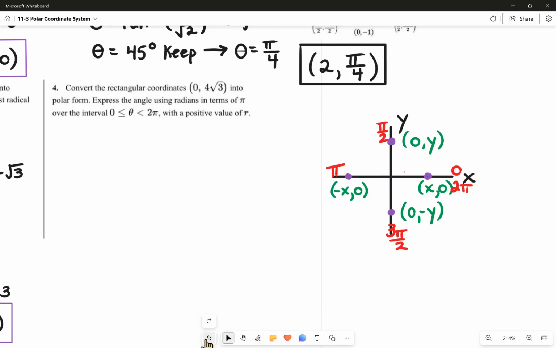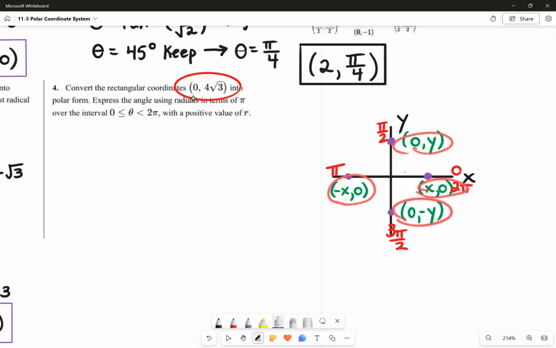So what I'm saying is this. Do you see this xy coordinate? Which one of these would it have been? Well, since it's a 0 and it's saying to go y distance 4 square root of 3, that means it started here at 0 and it went up 4 square root of 3. It looks like this one, and that angle is already given to us.